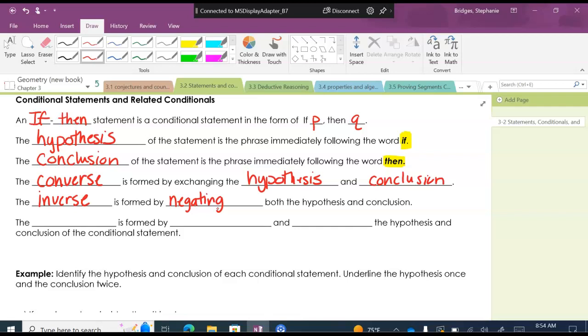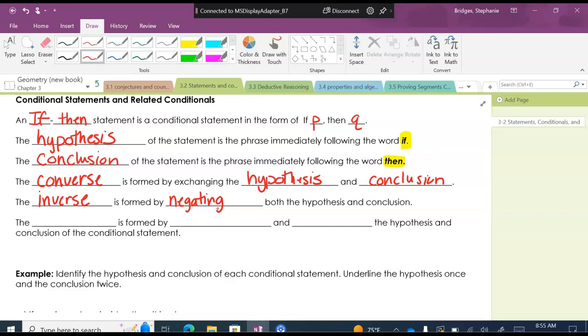So if I negate something, like if I say, if it is raining outside, to negate it would say, if it's not raining outside. So you just say the opposite. So my inverse would say, if it's not raining outside, then I won't use my umbrella. Instead of is and will, is not and won't. Does that make sense? Okay, so it's formed by negating both the hypothesis and the conclusion.